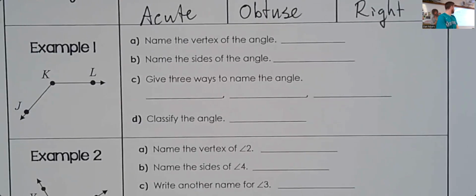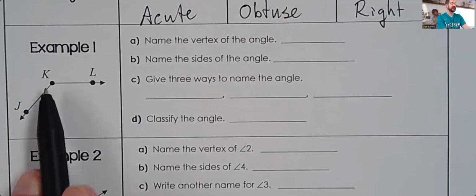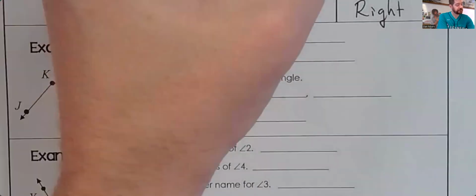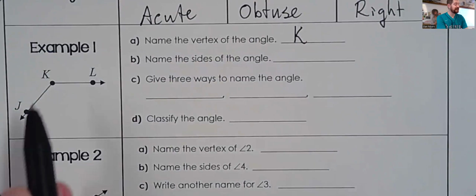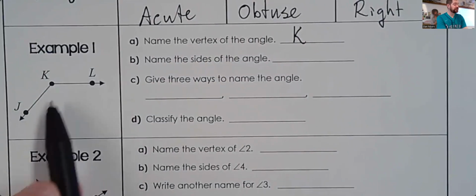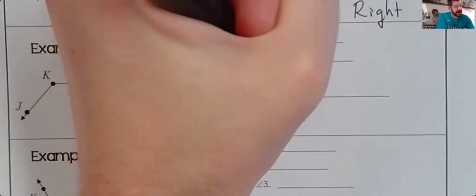Name the vertex of the angle in example 1. What point is the vertex on angle 1? Over here, of example 1, I mean. K, yeah. K is the vertex. It's the hinge point of the angle. The sides of the angle would be both rays. So remember, with a ray, you have to have an endpoint going through another point. So like KJ.